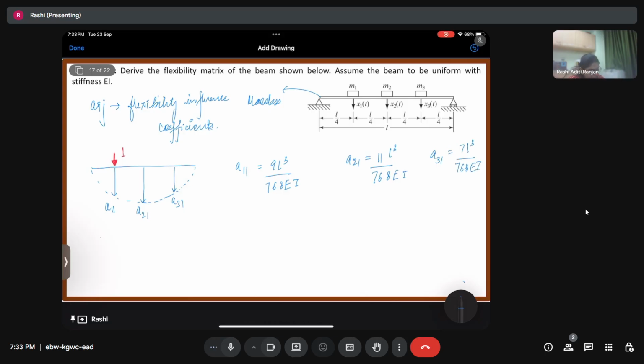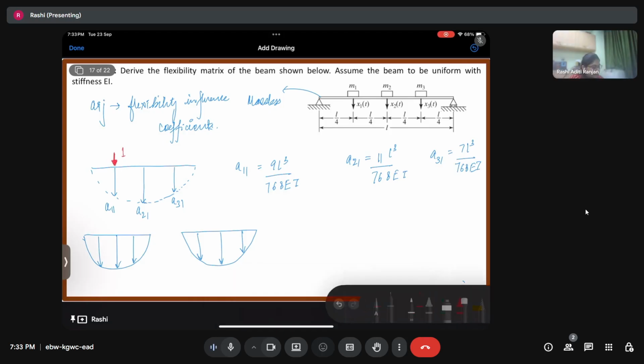Similarly, these cases can happen, and the point load can be at this point or this point.